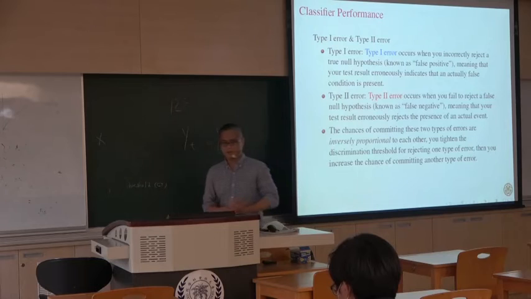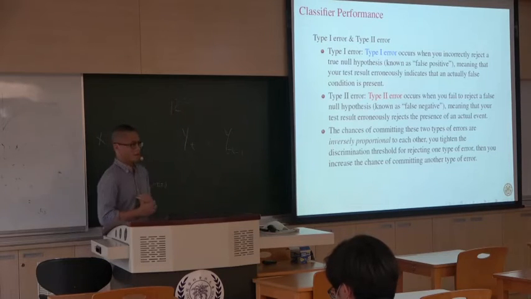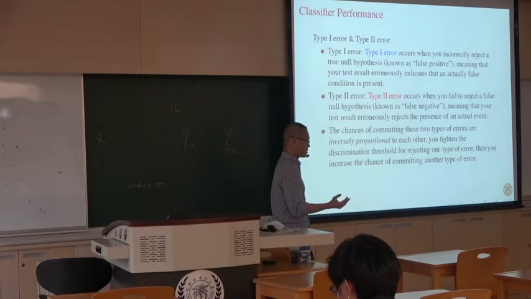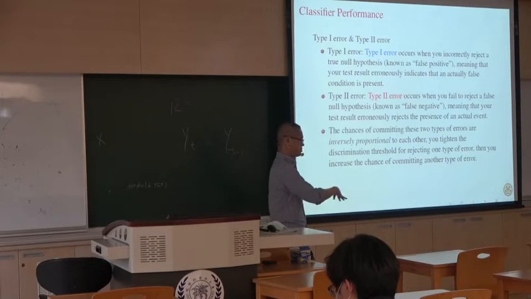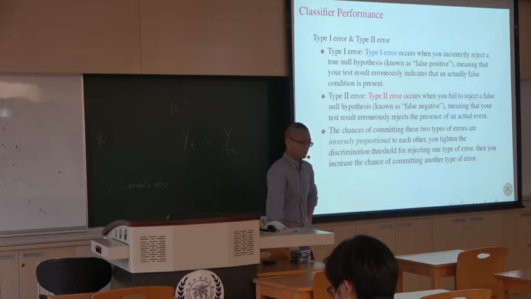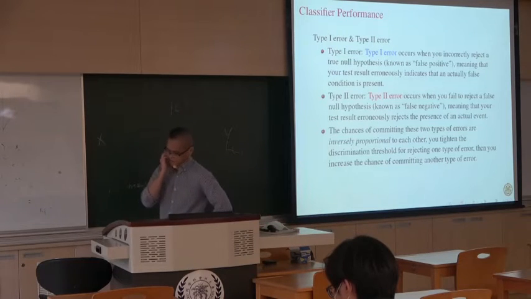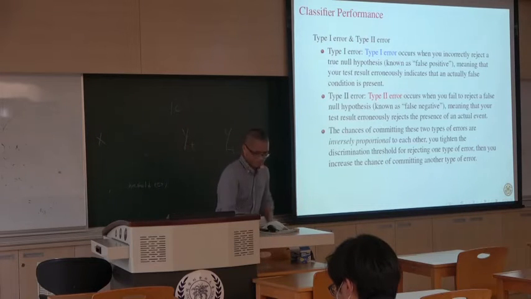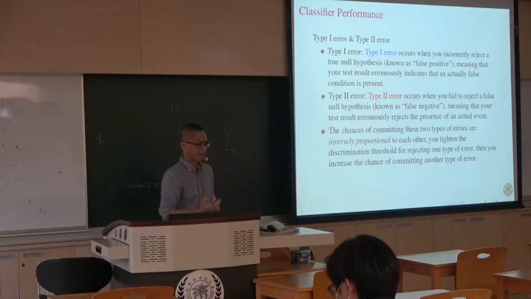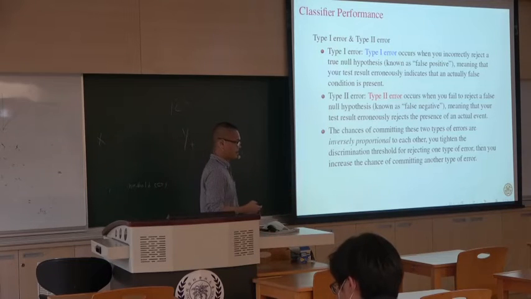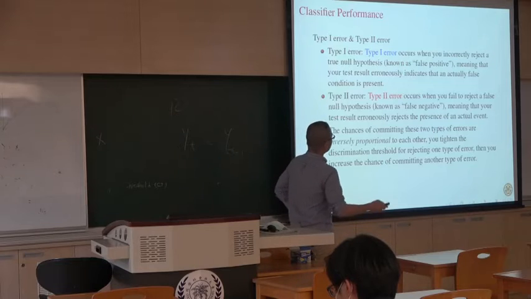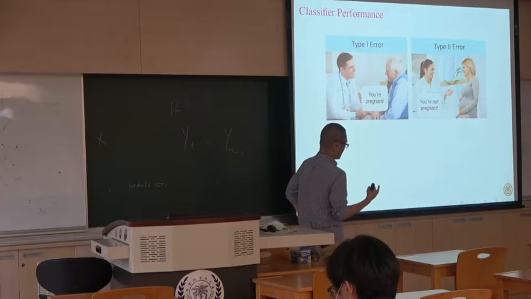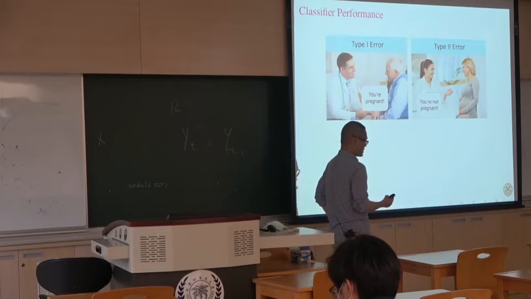So you heard about this, what is type 1 error? After you make a statement, you say it's liable to type 1 or type 2 error. You know what it means. Type 1 error means that you incorrectly reject an actually true null hypothesis, meaning that the actual event is false.